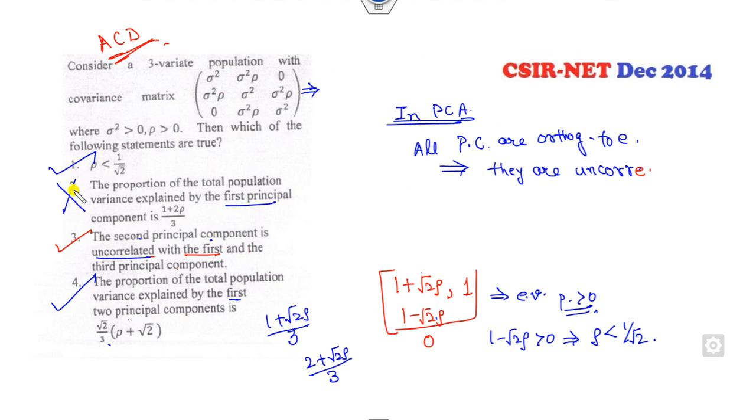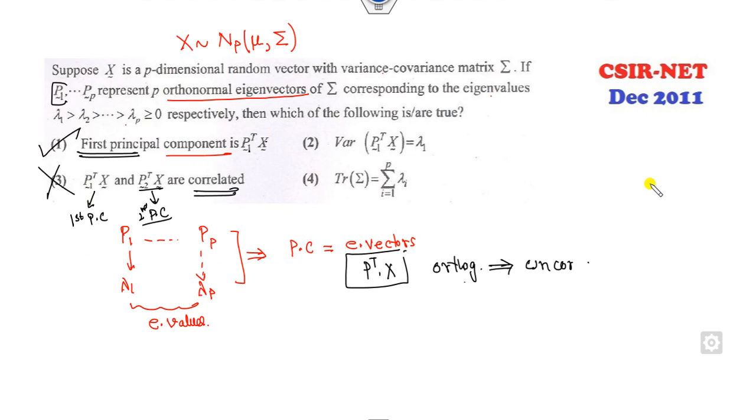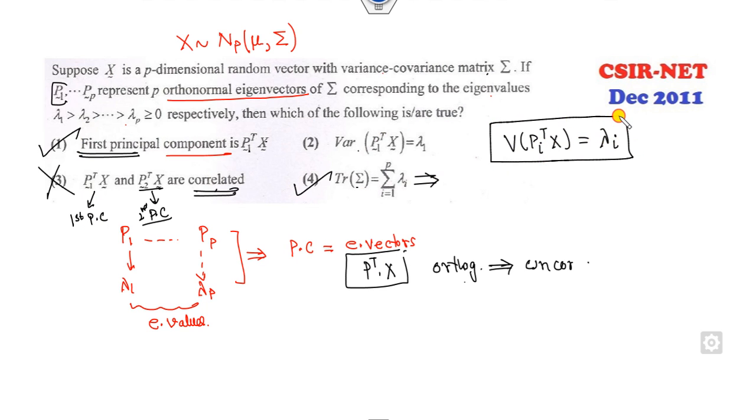The sum of all those eigenvalues is nothing but the trace of sigma. The variance of pi is the same as lambda i, so for p1 it is lambda 1, which is a correct option. So A, B and D are my correct options.